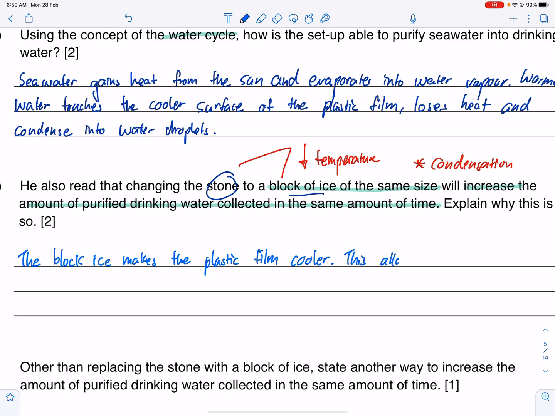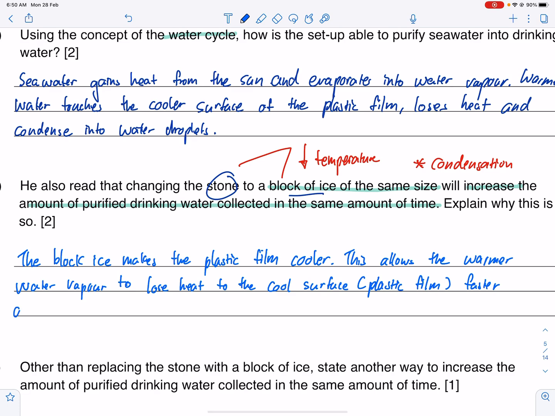This allows the water vapor, or warmer water vapor, to lose heat to the cooler surface. You can bracket it and let the examiner know that it is the plastic film you're talking about. Faster, and condense into water droplets at a faster rate.